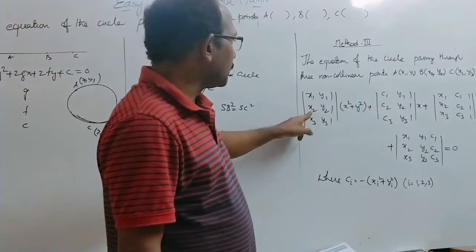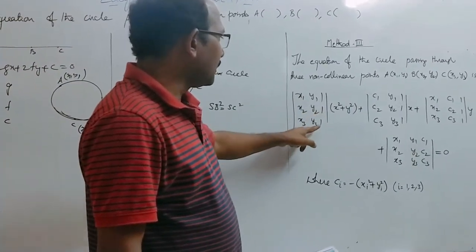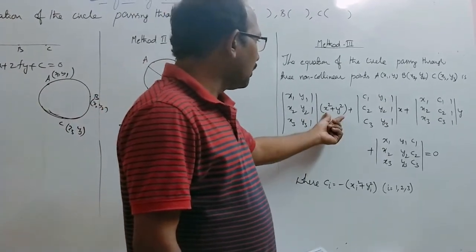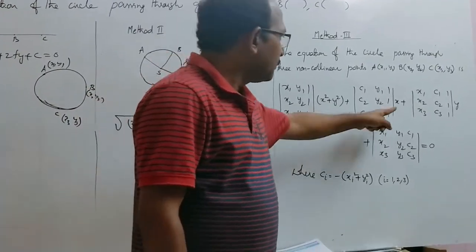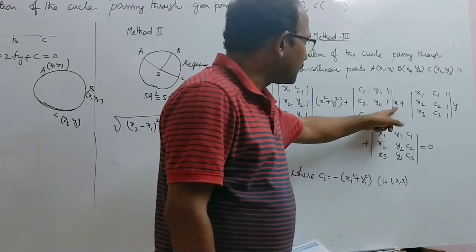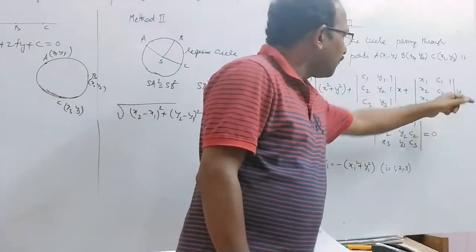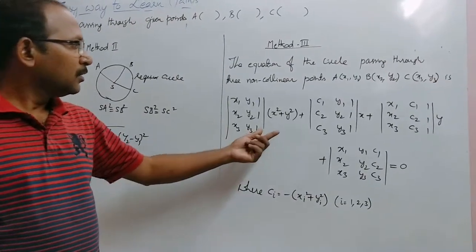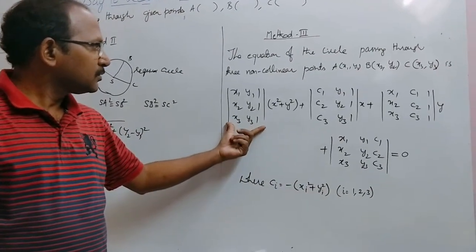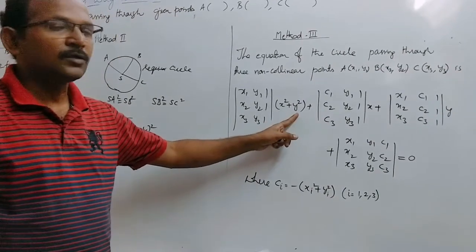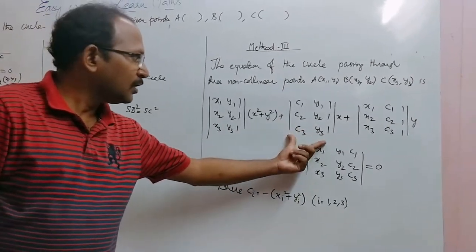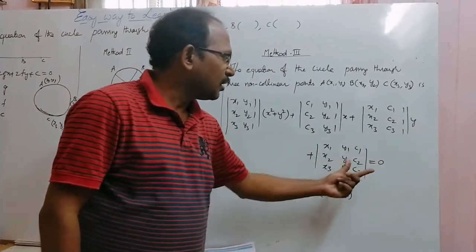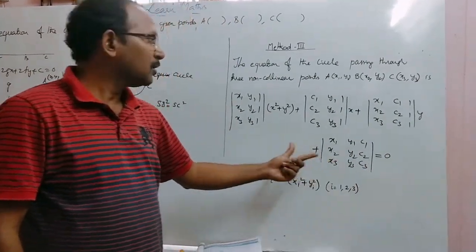Det of x1 y1 1, x2 y2 1, x3 y3 1 into x square plus y square plus and so on. This determinant is the coefficient of x square and y square, this determinant is the coefficient of x, this determinant is the coefficient of y, and this one is the constant.